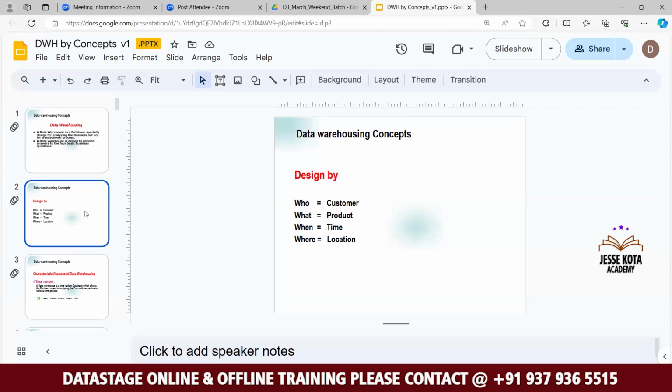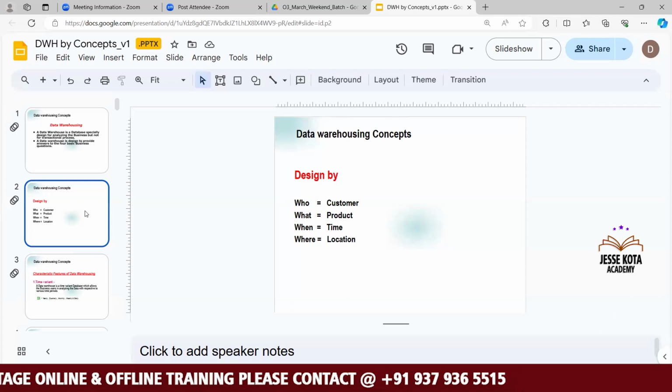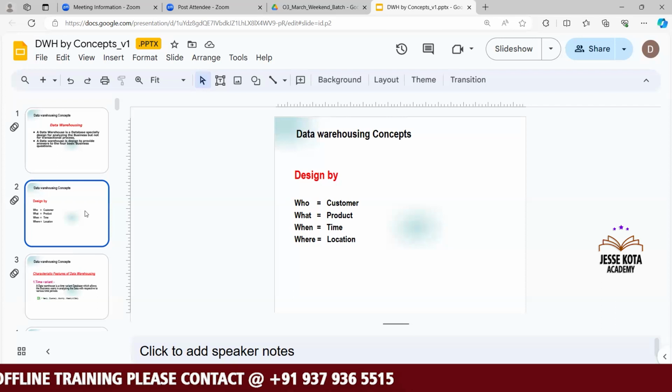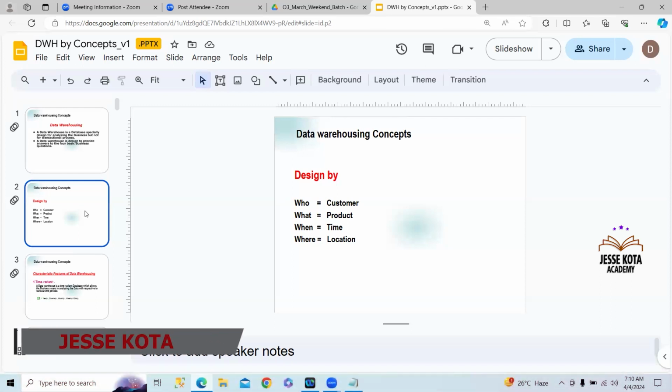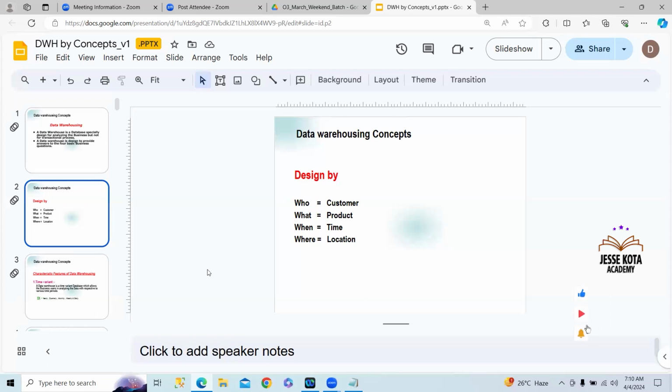And we can analyze the business based on time. Time in the sense that I can compare the business of February versus March. What is the sales volume generated in the month of February? What is the total number of transactions?